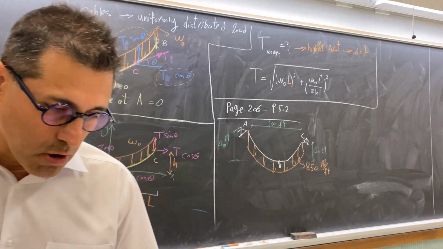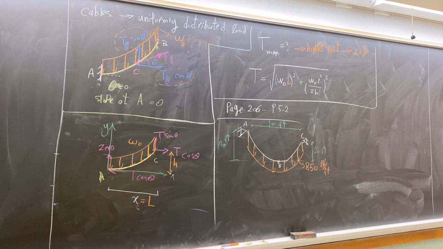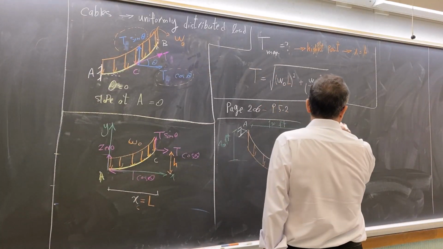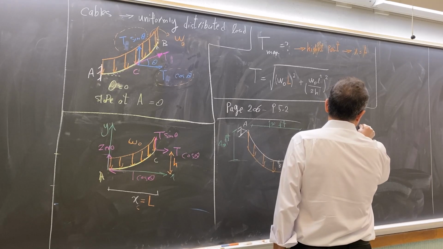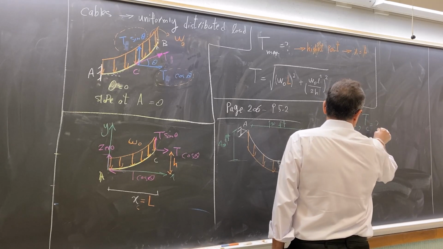So these values are given. The question is simply asking to find the tensile force at point A, point B, and point C. How much is T at point A? How much is T at point B? And this is the question.